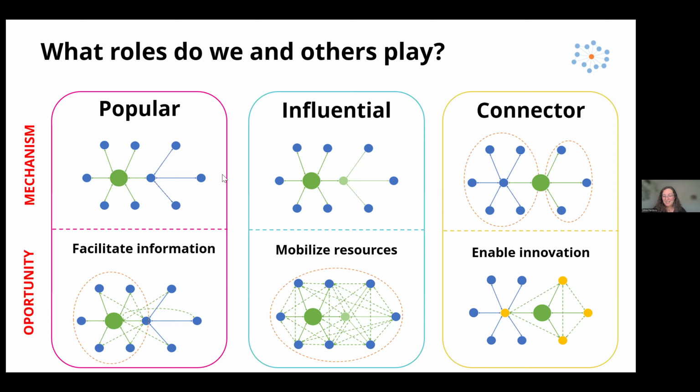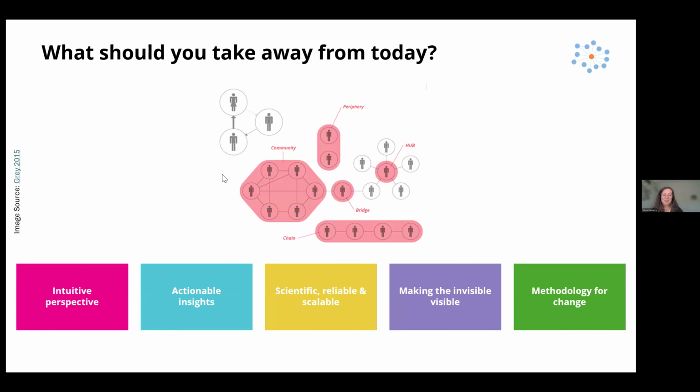All right, so of course, this is just a preview. I would really love to go into the details of everything, but what I'd like you to take away today is that analysis, or applied social network analysis, is a way to visualize and understand the world.